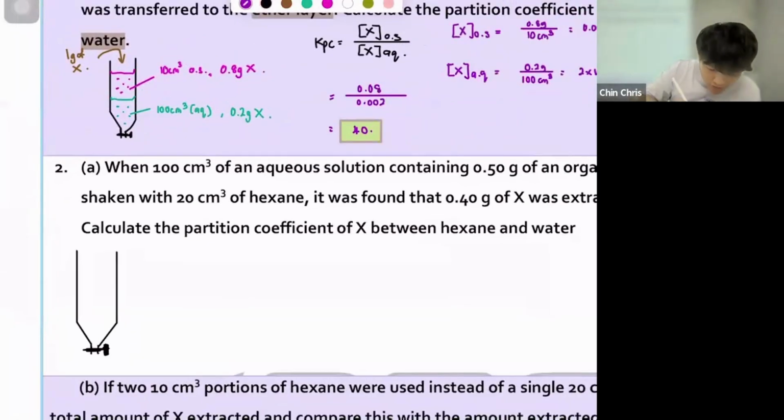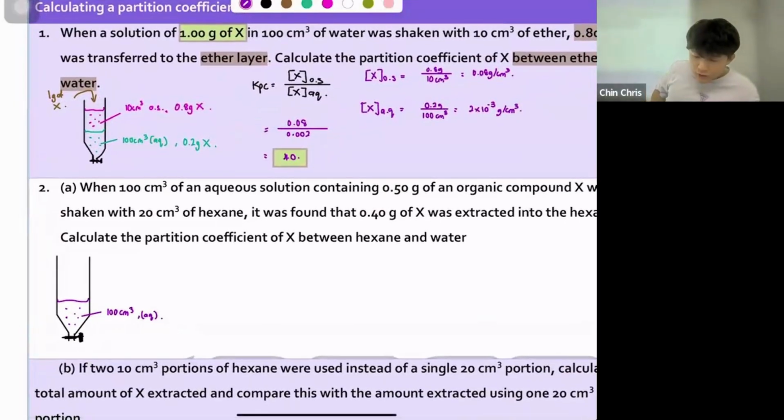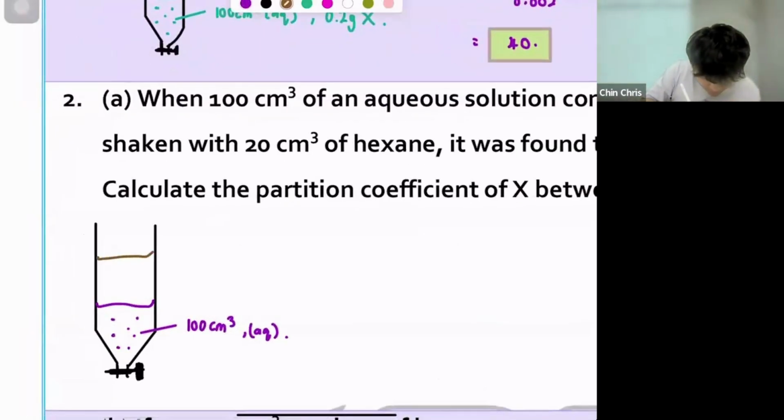So 100 cm cube of an aqueous solution containing 0.5 gram of X is shaken with 20 cm cube of hexane.